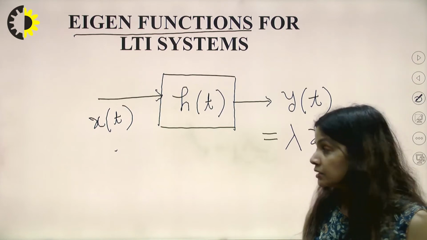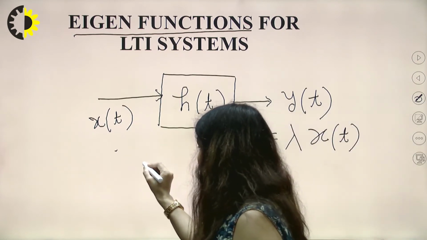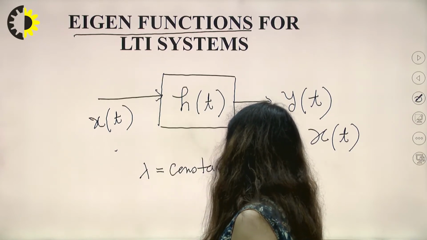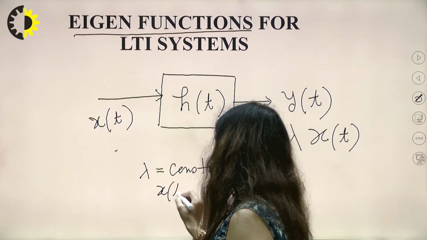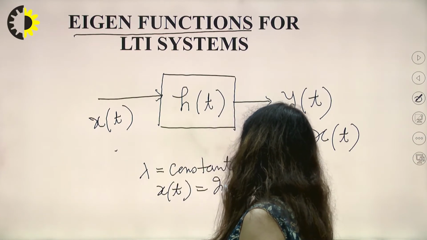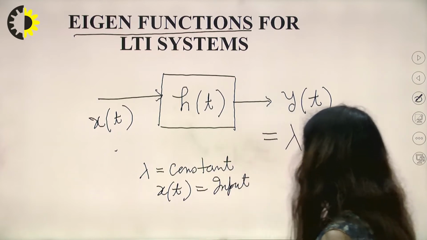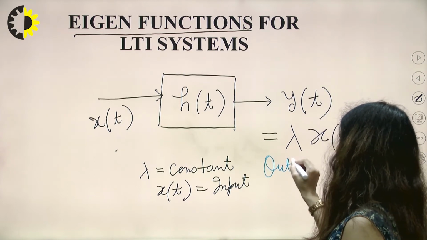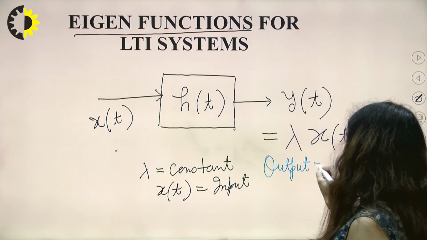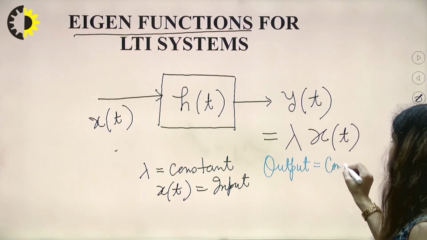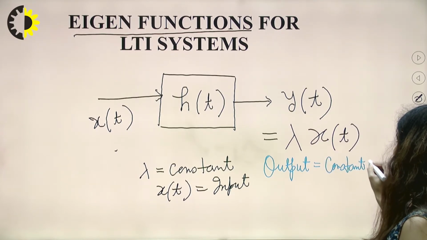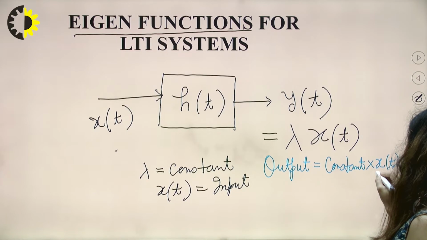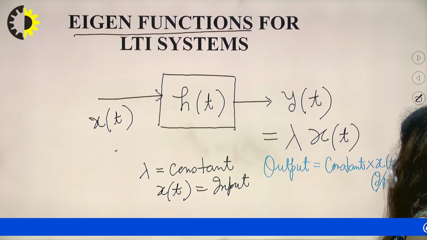The concept is that lambda is a constant and x(t) is the input, and my output is equal to some constant multiplied by x(t), or I can say the input term.